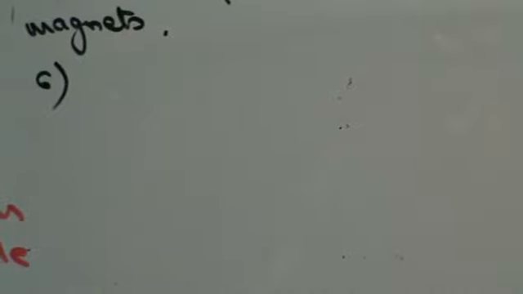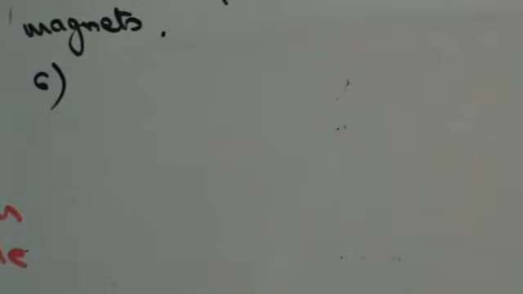Now, in the case of paramagnetic substances and ferromagnetic substances, both of them have a susceptibility that is inversely proportional to the excess temperature above the Curie temperature.